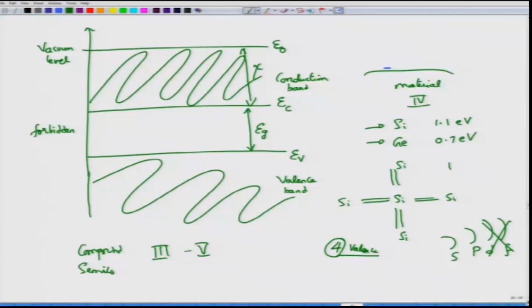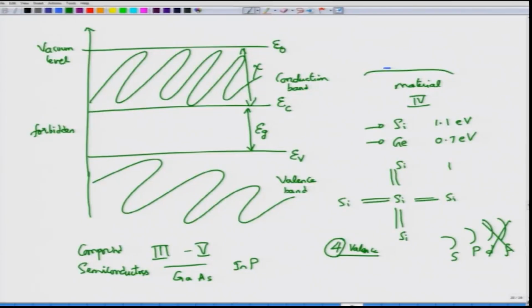Okay. So, these compound semiconductors mimic the behavior of the pure semiconductors, and they too possess 4 valence electrons after they have been grown together. Examples of these are gallium arsenide and indium phosphide. Gallium of course is a group 3 element, arsenic is a group 5 element, indium is group 3, phosphorus is a group 5 element.